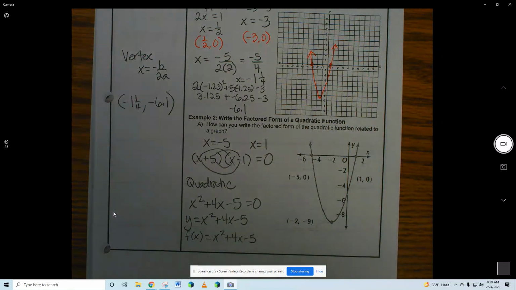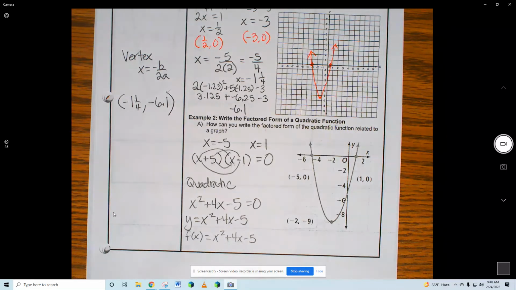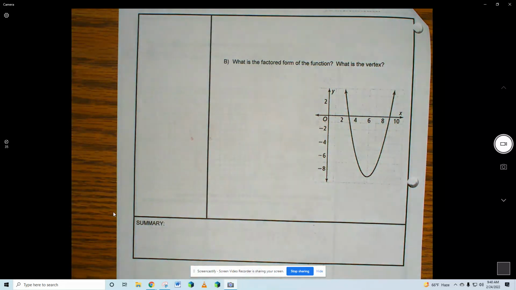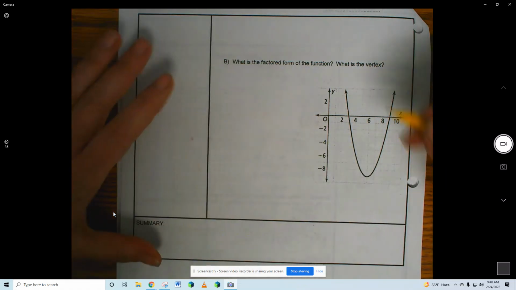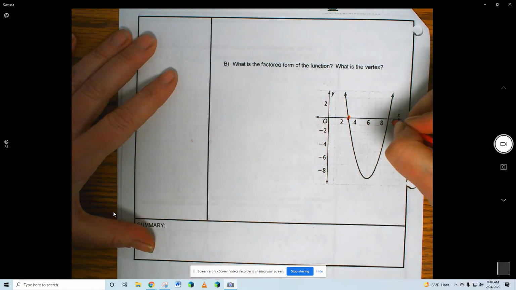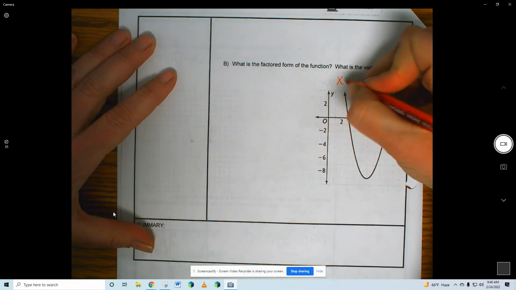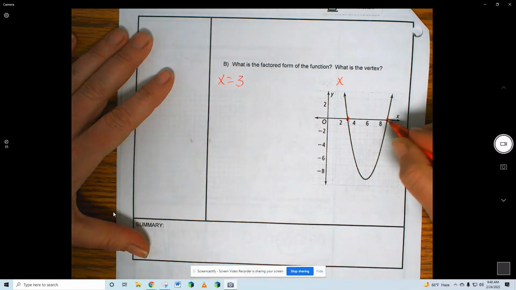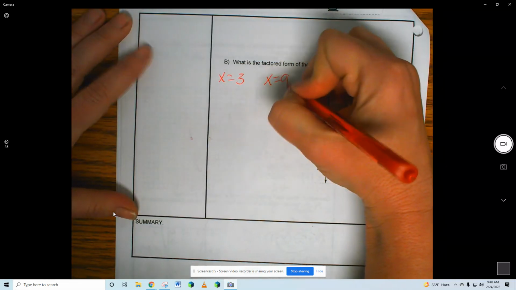All right, let's do one more like this. I'm going to give you a graph. First job, we find the x-intercepts. My ordered pairs are here and here. X equals, what's that at? 3. And x equals, what's that at? Okay, what are your two parentheses?